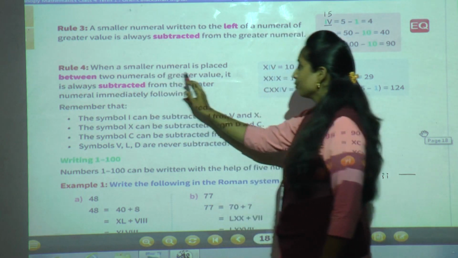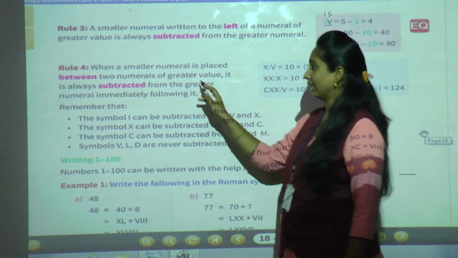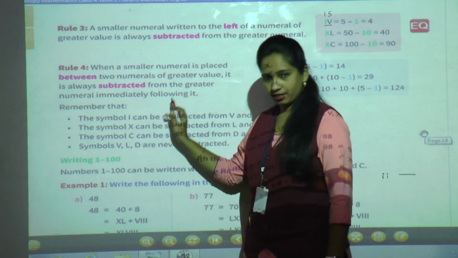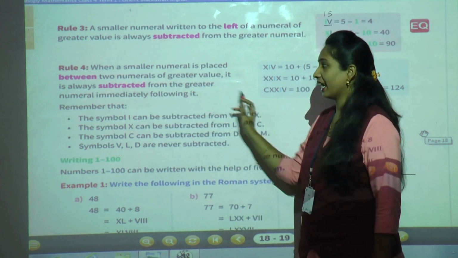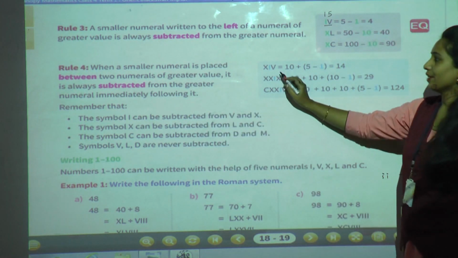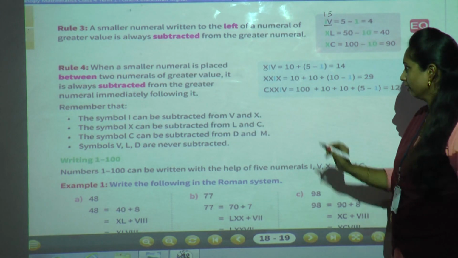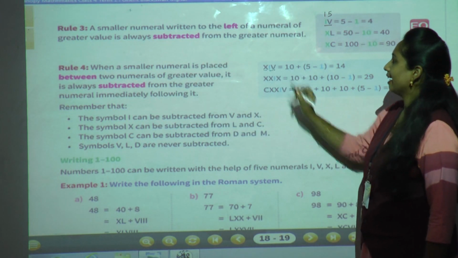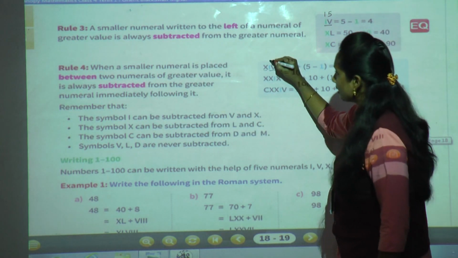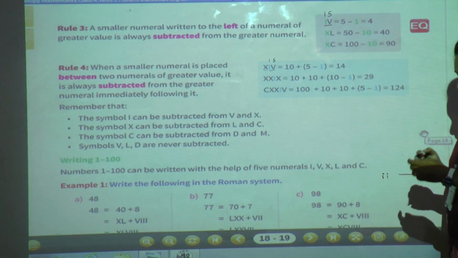When a smaller numeral is placed between two numerals of greater value, it is always subtracted from the greater numeral immediately following it. Now for example, see here. X represents 10. Now I and V. I represents 1 and V represents 5. Then what we have to do?